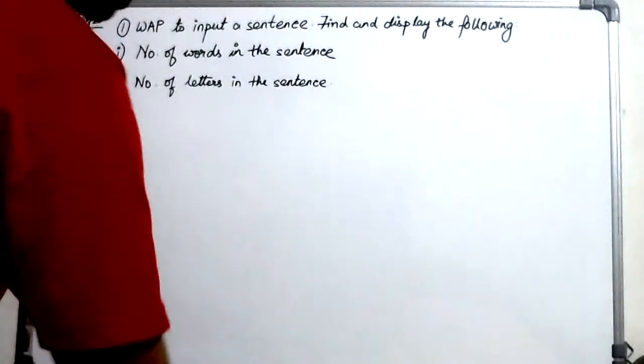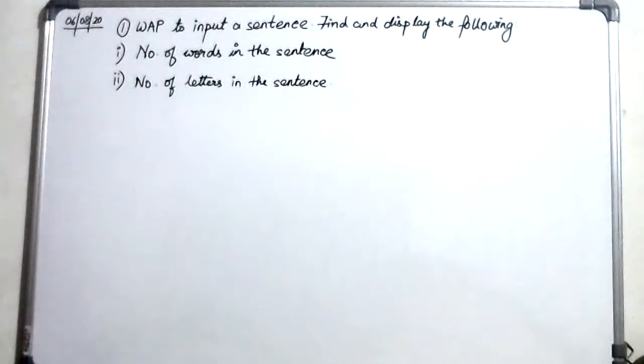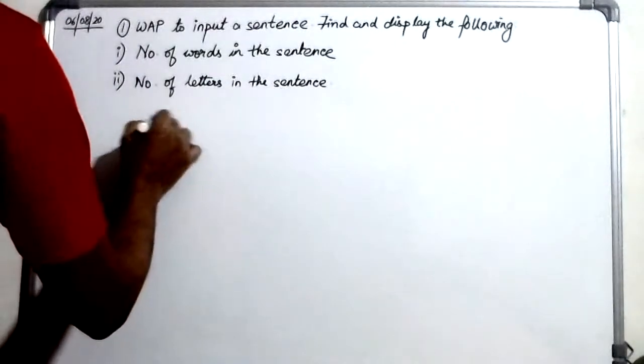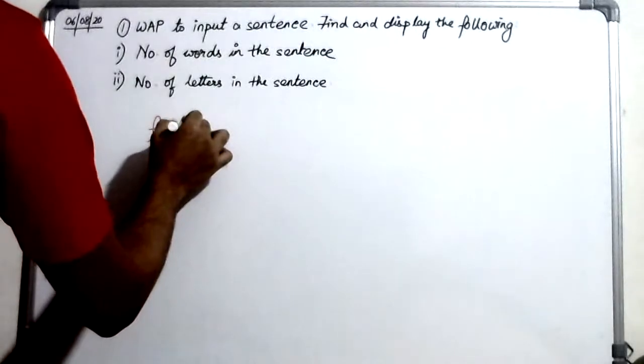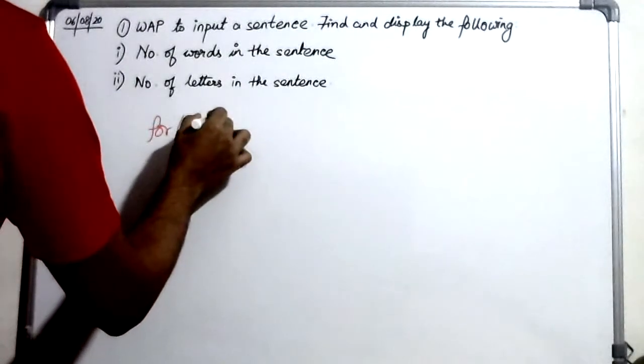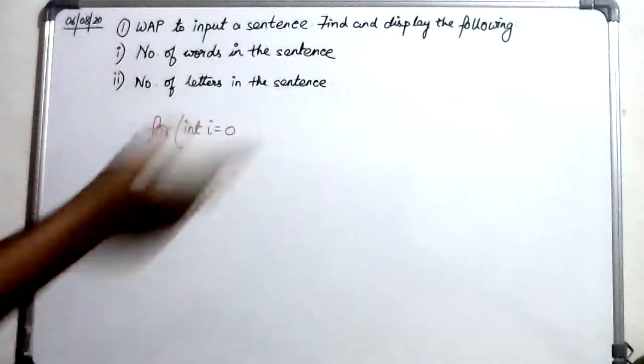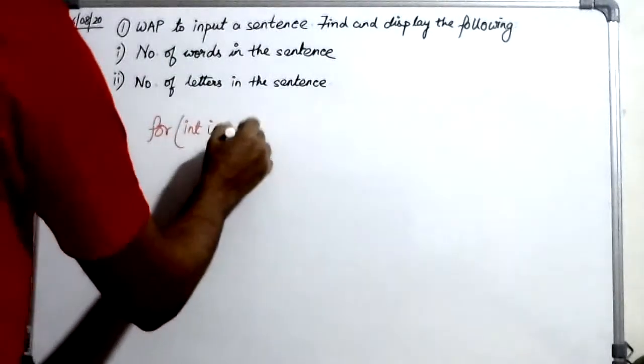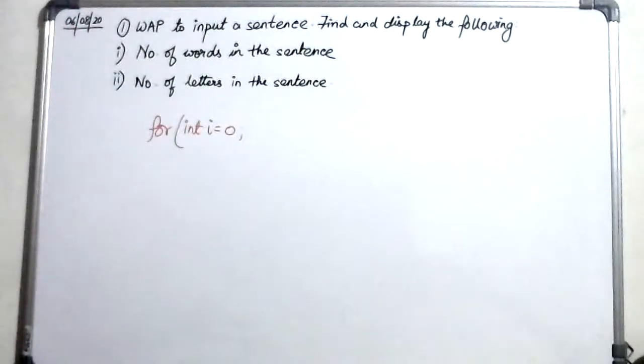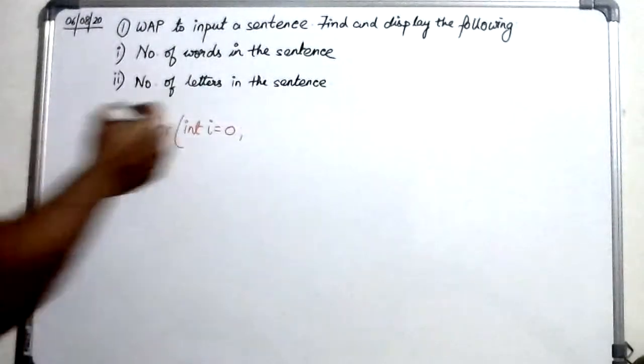And once we find out the length, it's pretty simple to start extracting from the first character. We'll use a for loop which will start from 0 because the indexing starts at 0. We'll run the for loop for as long as the length of the given sentence.